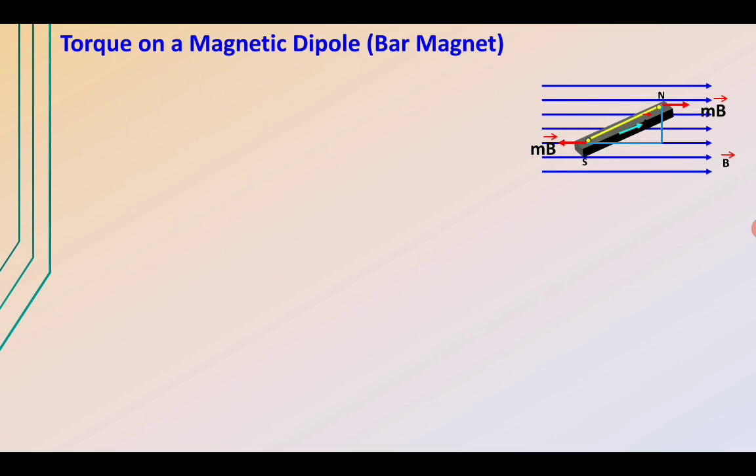Similarly, for the south pole the force acting is m into the magnetic field, acting opposite to the direction of the magnetic field. This magnet makes an angle theta with the uniform magnetic field, and 2L is the length of this given bar magnet.